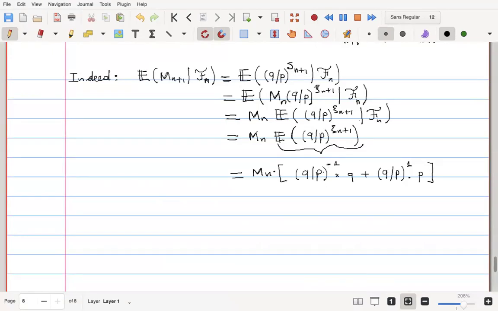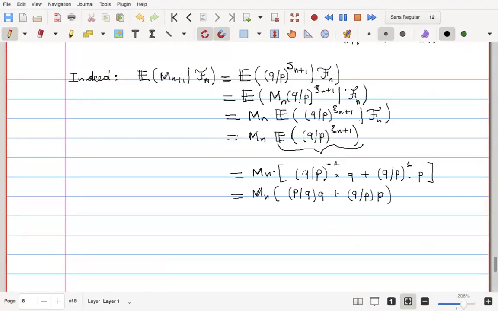So if you write p by q here, this will be M sub n times p by q times q, plus q by p times p.